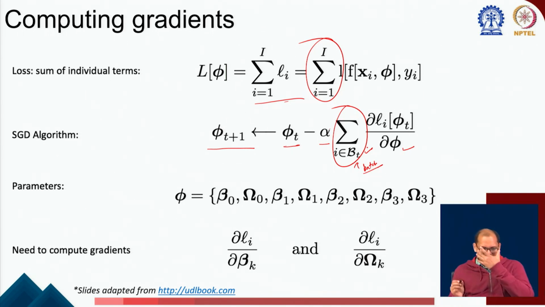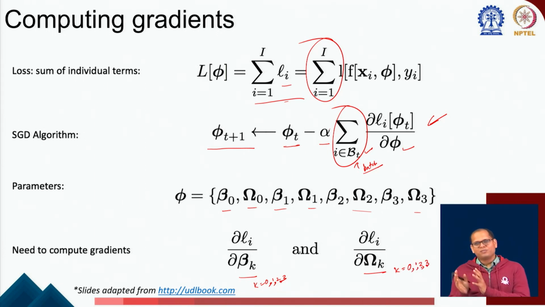In this case, these are our parameters. They are not scalars; some are vectors, some are matrices. To be able to update my parameters, I need to compute the derivative of the loss with respect to each of these: the loss over beta k, where k varies from 0 to 3, and the loss over omega k, where k varies again from 0 to 3.